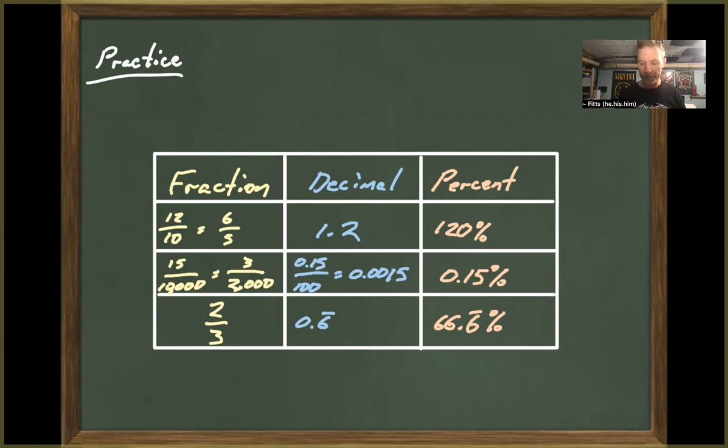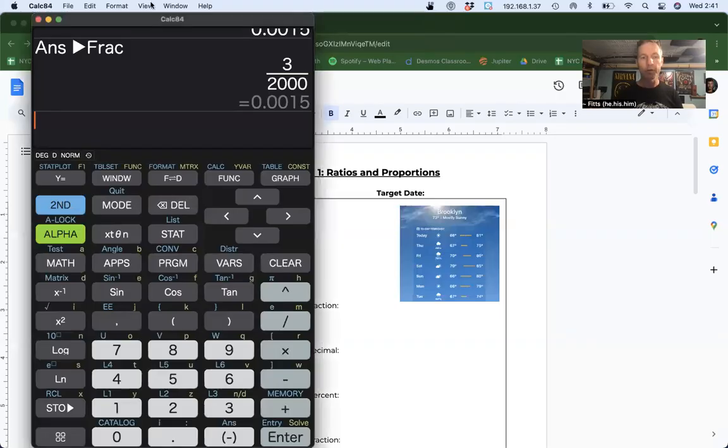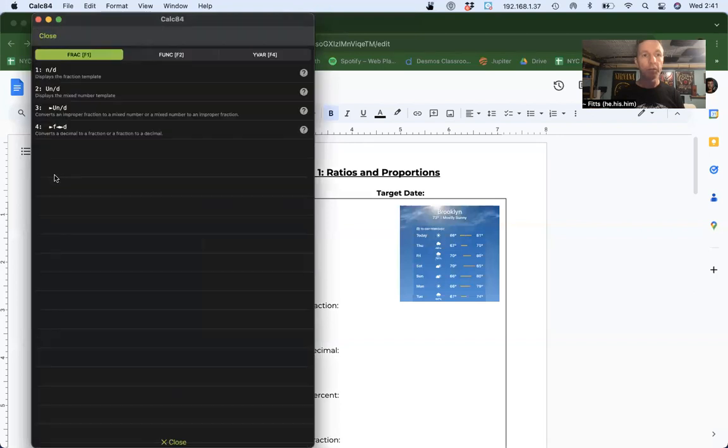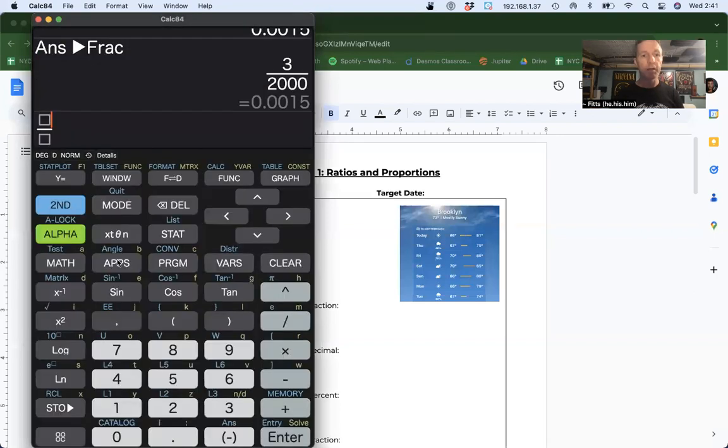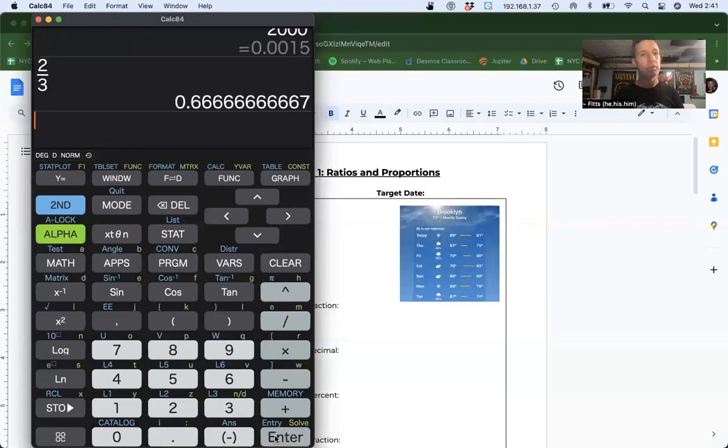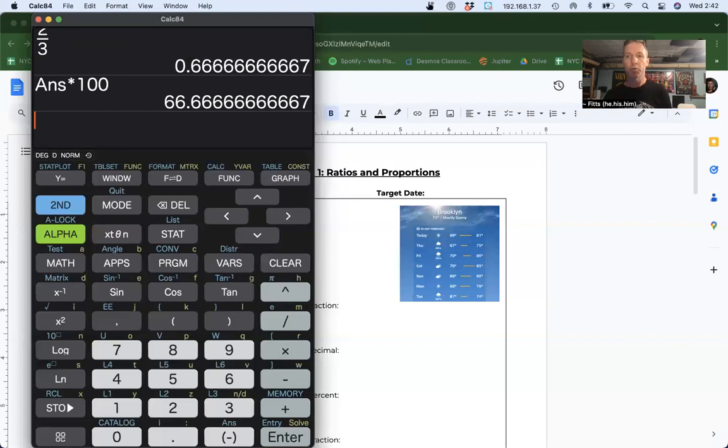So let's go ahead and look at that. 2/3. I'm going to use the fraction tool. So if you hit alpha, y equals, then it's 2 divided by 3, right? 2 over 3. Enter. And then you multiply that by 100. 66.6. Okay, so there we go.